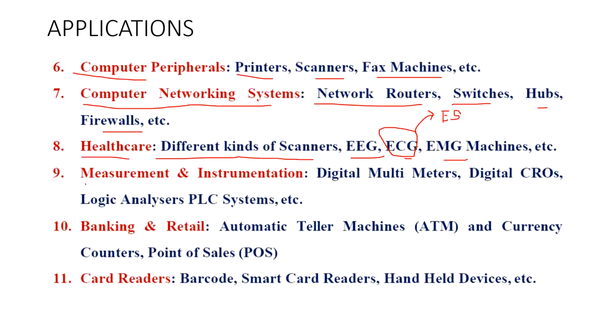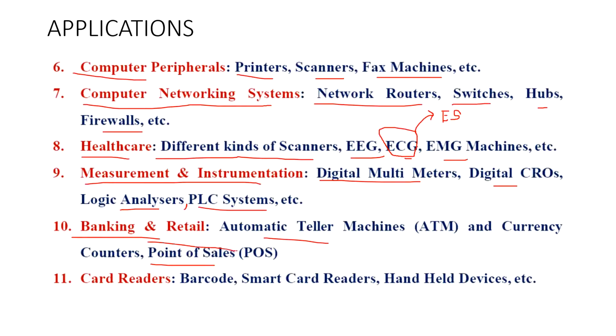Then anyway, engineering people will know about measurement and instrumentation: digital multimeters, digital CROs, logic analyzers and PLC systems. Here all of them use embedded systems. And in banking and retail, ATM machines, currency counters and point of sale systems are used.